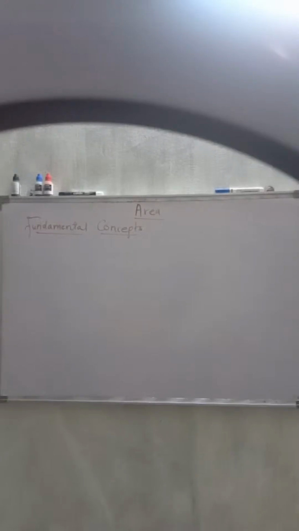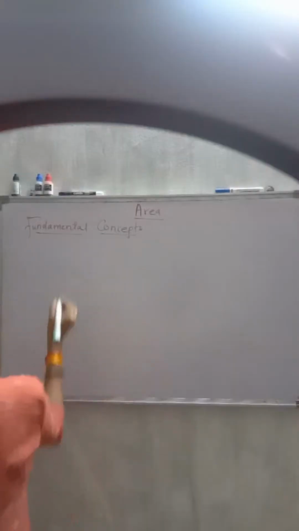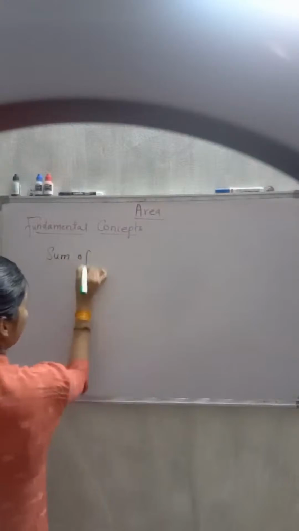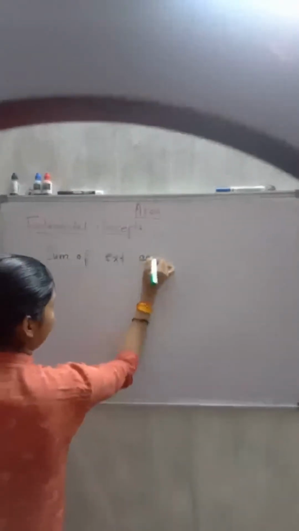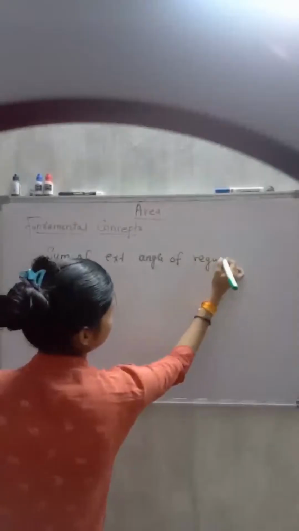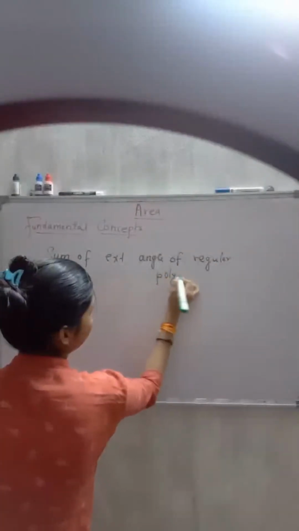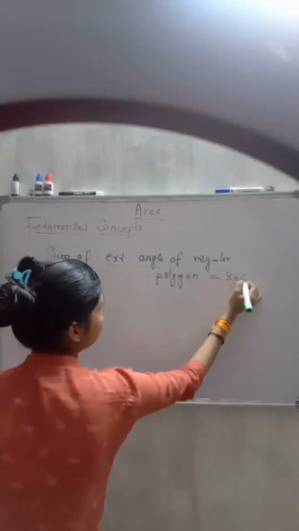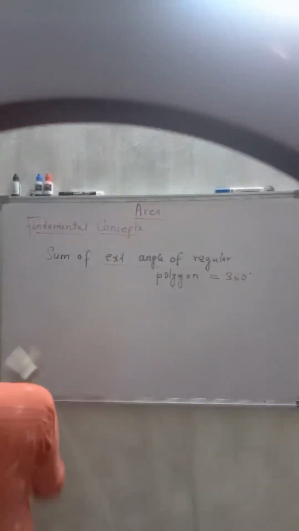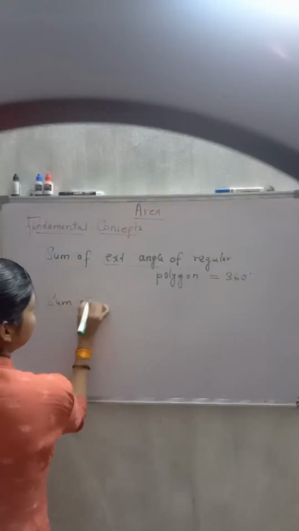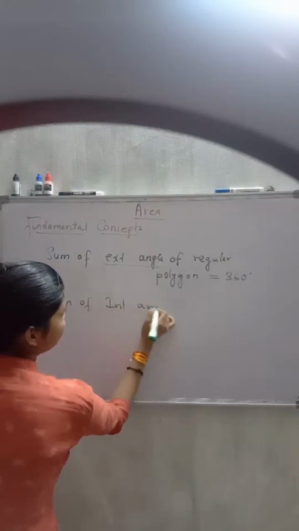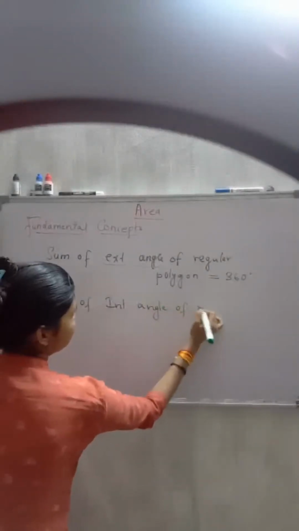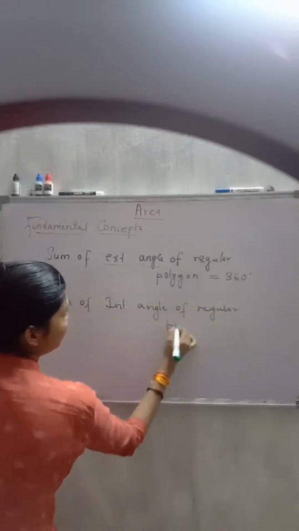the sum of exterior angles of a regular polygon. Sum of exterior angles of regular polygon. Exterior angle sum is always 360 degree, and the sum of interior angles of regular polygon.